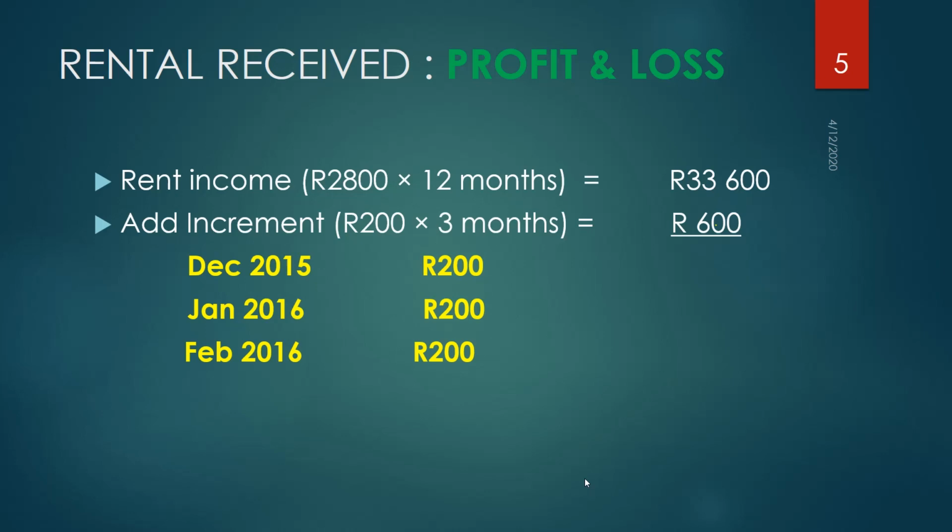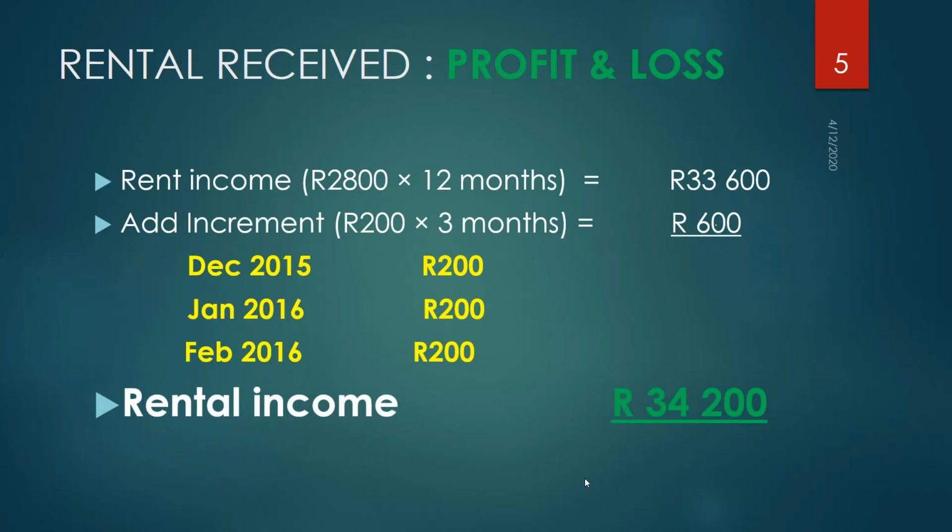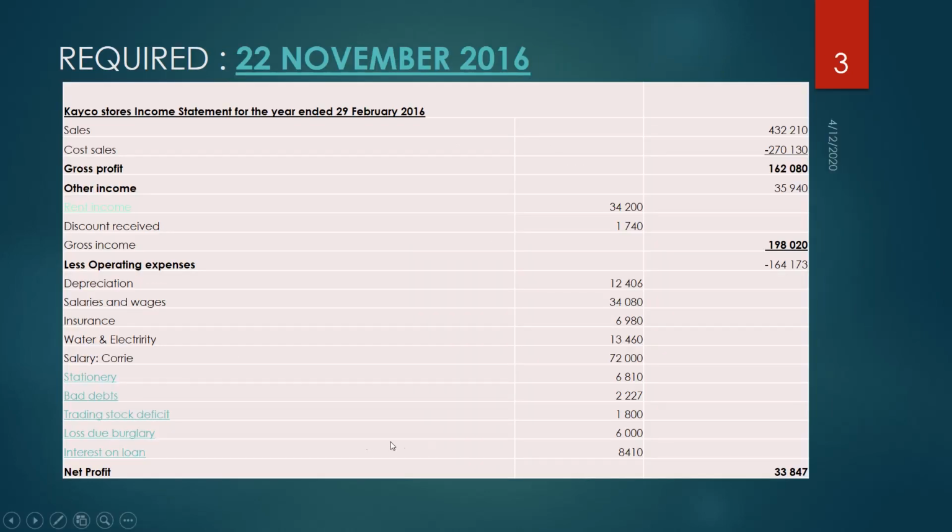So in total, we're going to take the amount of 600 rands attributable to those months and add it to our rent income. The rental income to be taken to the income statement or profit and loss statement will be 34,200. I quickly want to show you how it's reflected. There you go. It's the rental income, 34,200.